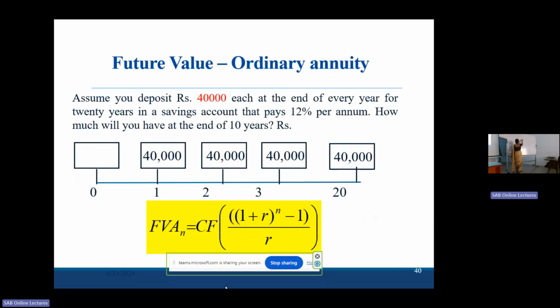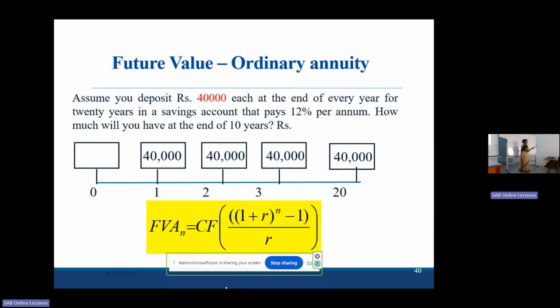Future value is equal to 40,000 monthly, not annually, times the annuity factor. R is 12% per annum compounded monthly, so 12% divided by 12, the monthly rate is 1%.